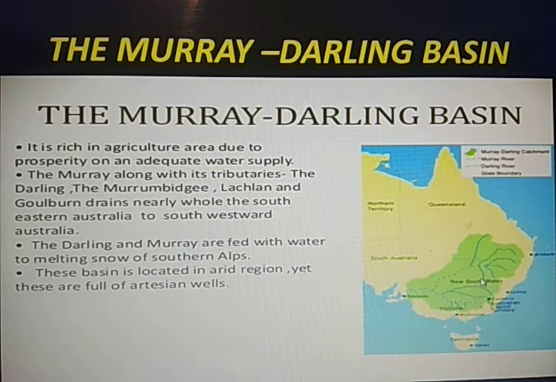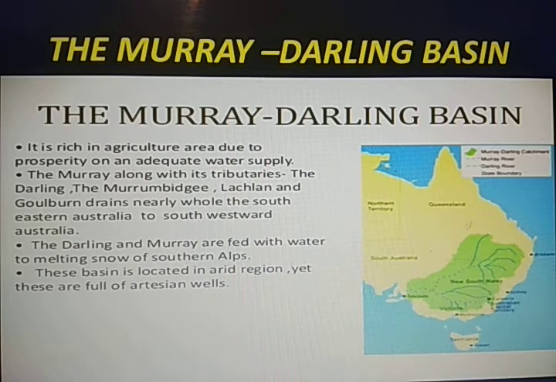This basin is very important, and in Australia it is known as the food basket, right? Why? Because it is located in the southeastern part of Australia, and it includes the Australian Capital Territory, Queensland, New South Wales, Victoria, and South Australia. This part of the land is occupied by the Murray-Darling Basin.